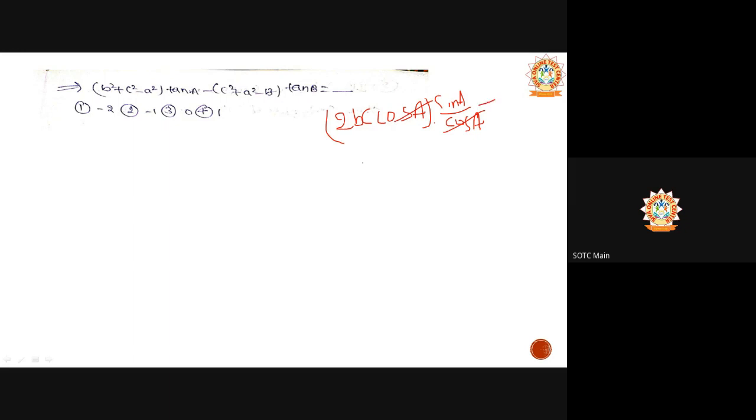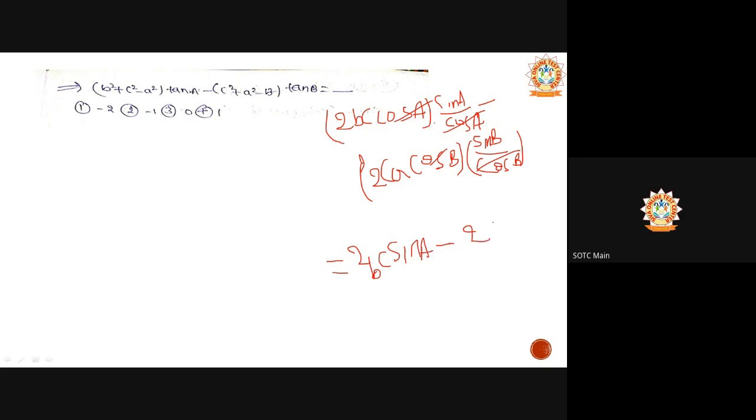Minus, next, c square plus a square minus b square means 2ca cos b, into tan b, which is sin b by cos b, right? So cos will get cancelled. What is the remaining there? 2bc sin a minus 2ca sin b.